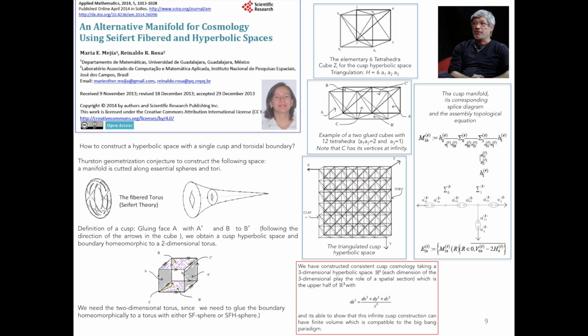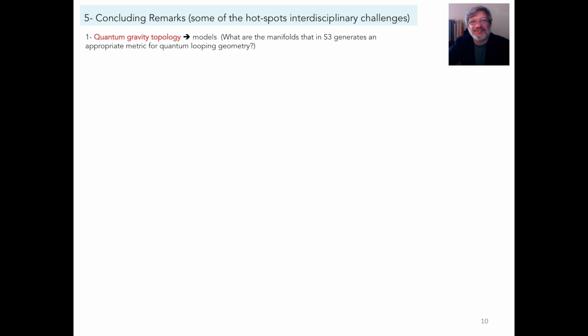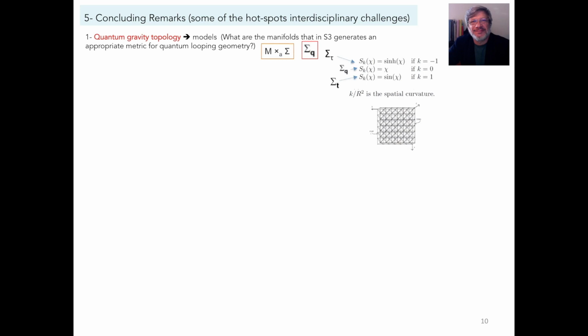Finally, in my concluding remarks, I would like to point out some of the main challenges in this framework. The first challenge concerns how to insert quantum gravity in homogeneous models, that is, how much we depend on algebraic and topological tools to glue a quantum hypersurface in the traditional matrix for the lambda CDM.